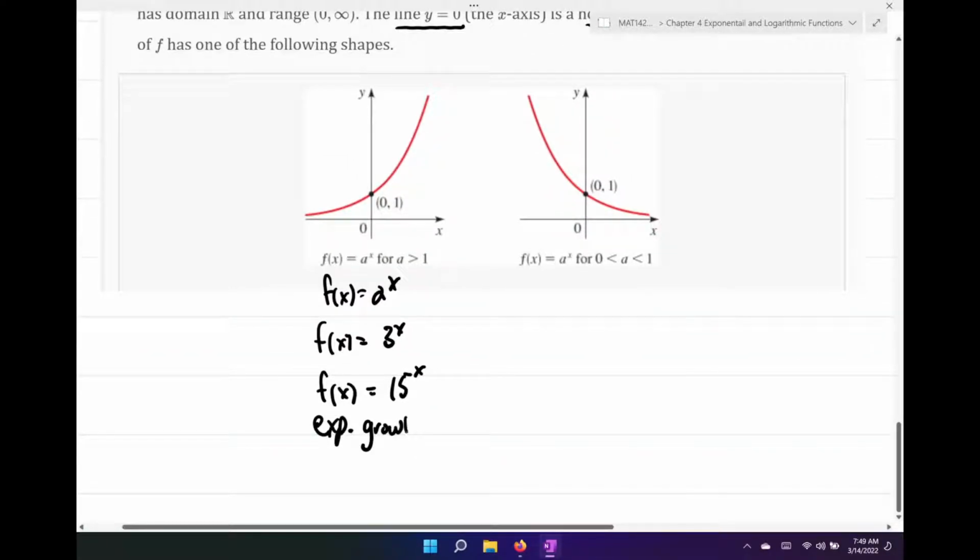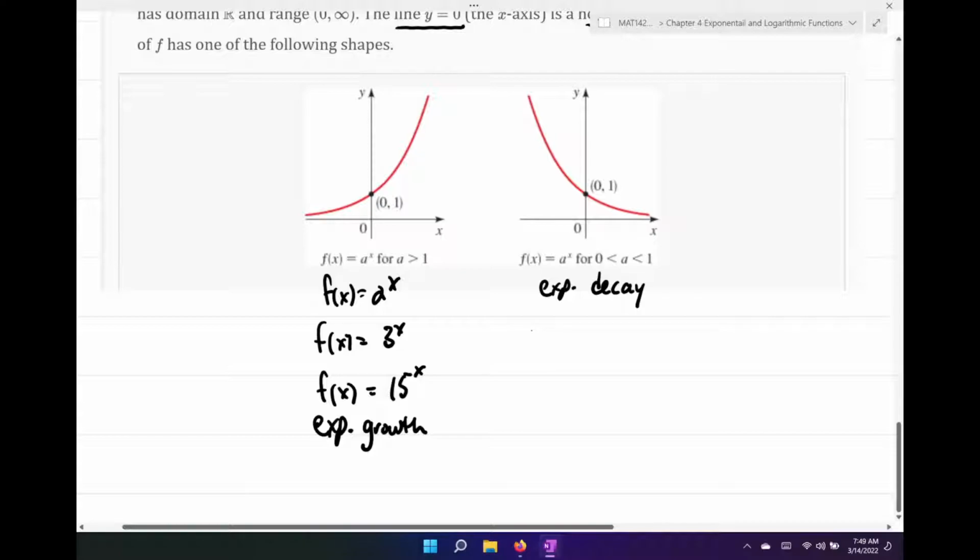Now, if a is between 0 and 1, in other words, it's a fraction, then you're going to have exponential decay. Exponential growth would be like bacteria growing in a culture, continuously compounding growth, etc. Exponential decay is like half-life, or like the temperature of something cooling down in your room when you take it out of the oven. All these experience exponential decay.